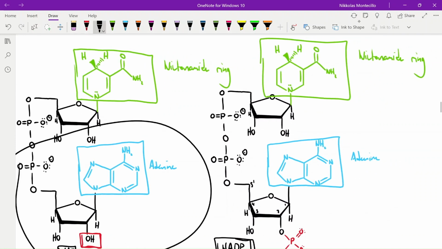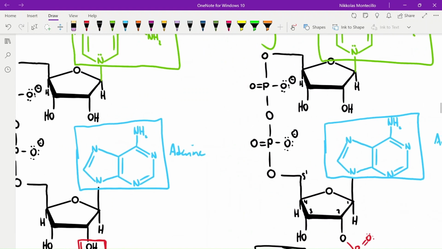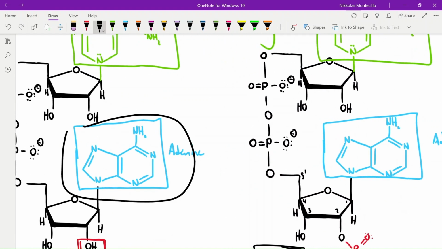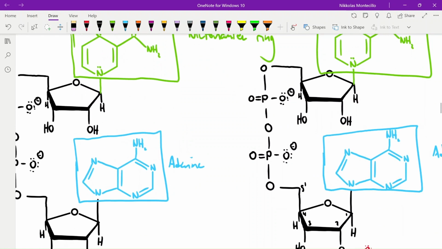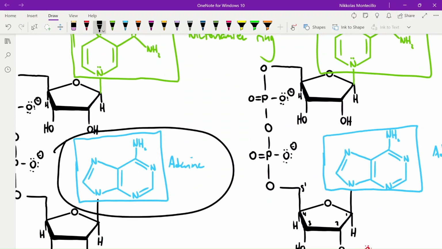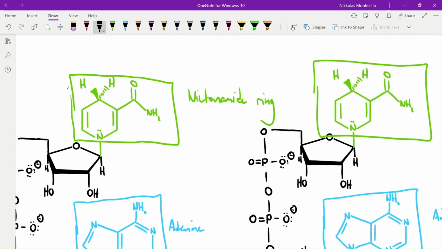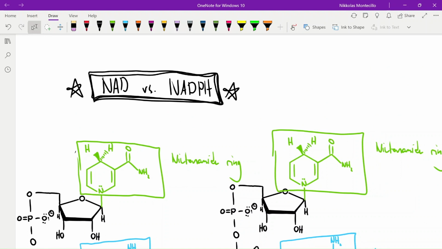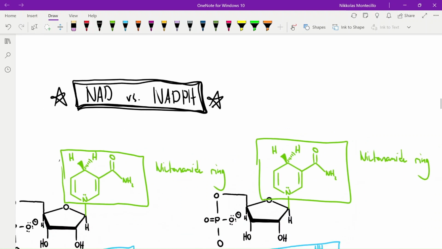We can see the adenine base, or the nitrogenous base, which is the adenine itself, and then this is the nicotinamide ring, which is derived directly from vitamin B3, as we saw earlier, right?